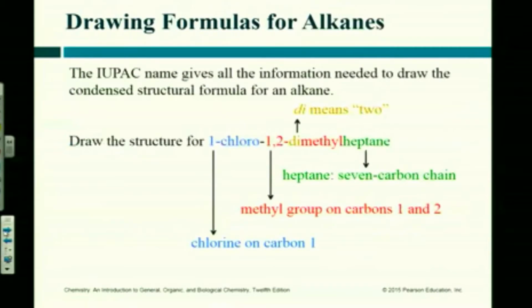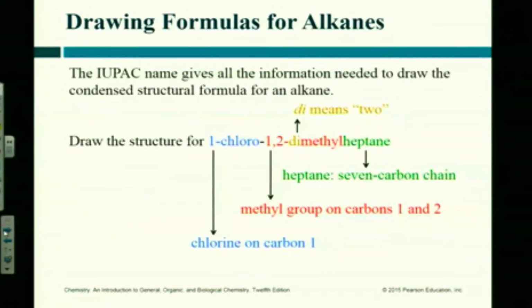Now this slide I do not like. There's something wrong with this slide. Anybody want to tell me what's wrong with it? It has a 1-methyl on it, doesn't it? Let's draw this compound.